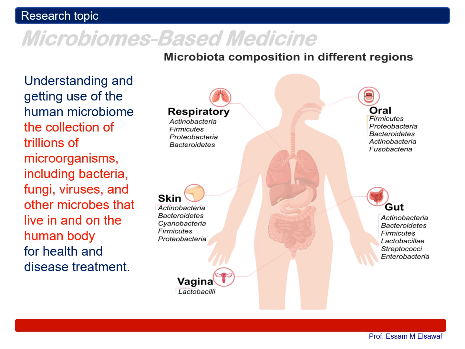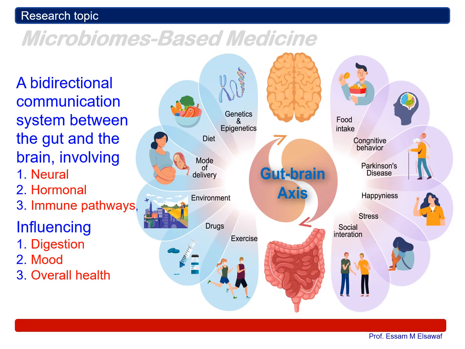Understanding and making use of the human microbiome is very important for health and disease treatment. Why is it important? There's what's known as the gut-brain axis, and please take care here. Gut-brain axis.